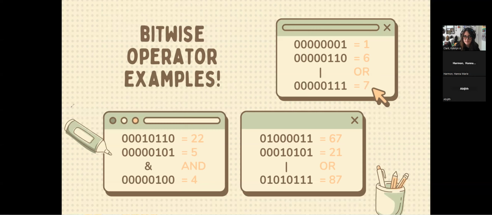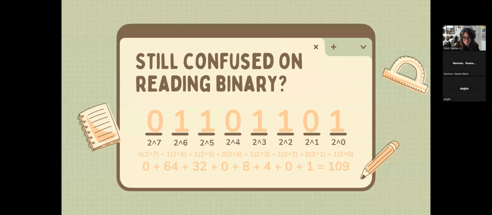Okay. If that was confusing, it's probably because you don't know how to read binary. So this is a breakdown of how binary is read. In this first lab, you only need to have up to 8 bits, and they start in the far right placement. So 2 to the 0th, 2 to the first, 2 to the second, all the way up.